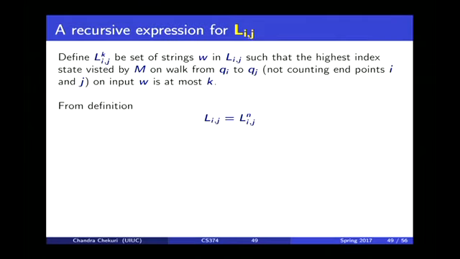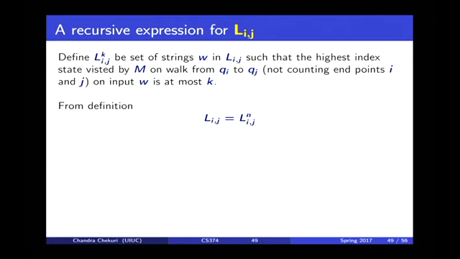Now this is the funky recurrence which is precisely defined by the Floyd-Warshall thing. Now let me define Lijk like we did before. What is Lijk? This is the set of all strings that take you from state i to state j, but along the way you don't use any state other than 1 to k.